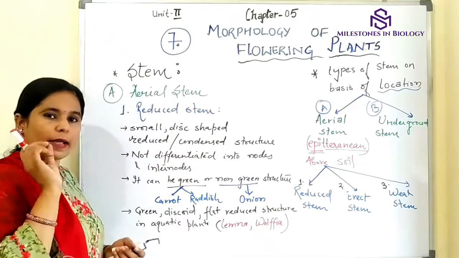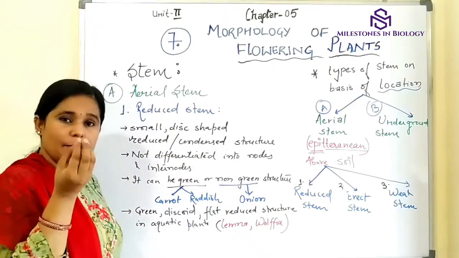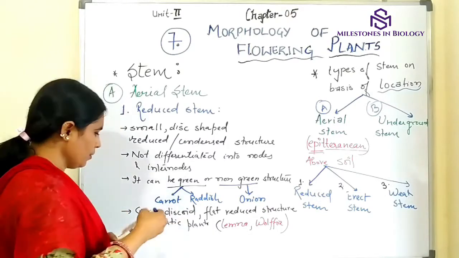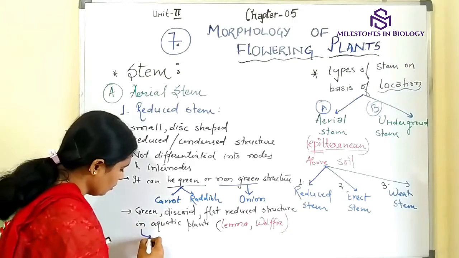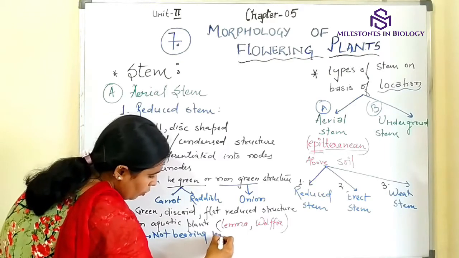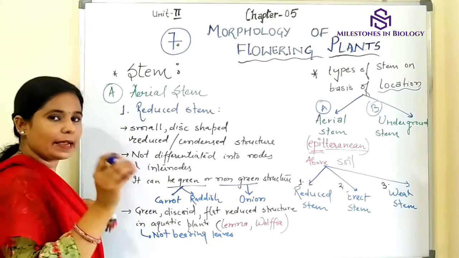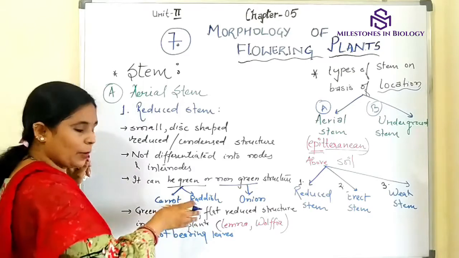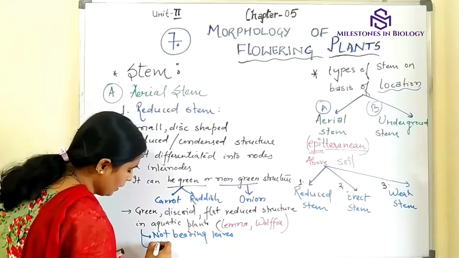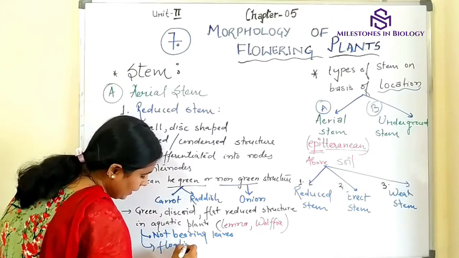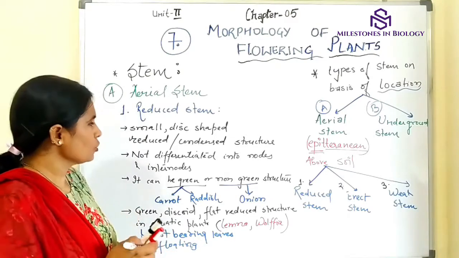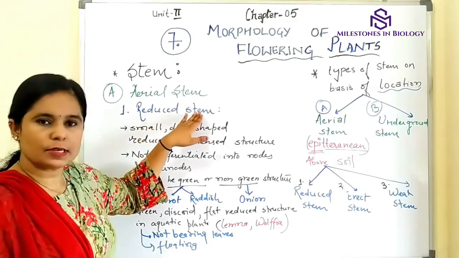In these two aquatic plants, you will see that the reduced stem is discoid, flat, green in structure, not bearing leaves. Plus, they are helpful in floating. These stems are very light, which helps these aquatic plants in floating. So this is about the reduced stem.